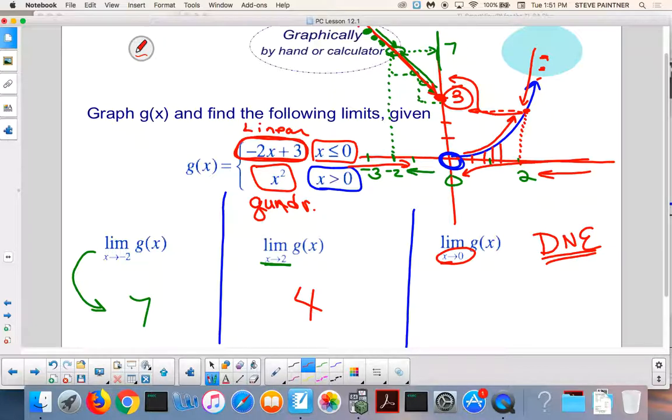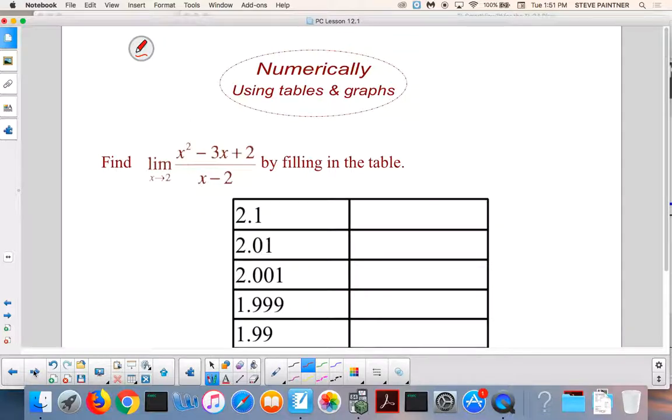Okay? All right. There is one more way to find a limit, and that is using a table. So let me try to teach you this, and then we're pretty much done. Here is your function right here. If I were you right now, I'd type it in my calculator. We want to know what's the limit as x approaches 2. So what they did is they said, right here, if x is 2.1, 2.01, 2.001, I'm approaching from the right side of 2.